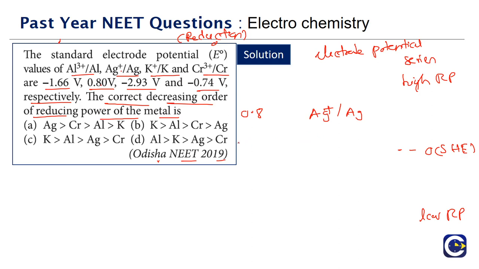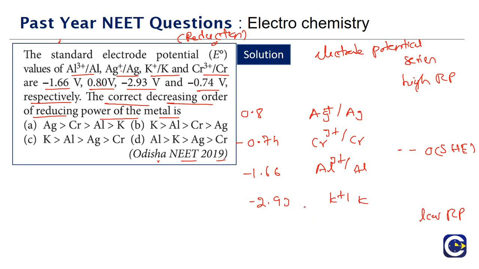Then comes minus 0.74, that will be below hydrogen, of course. It will be the chromium. Then comes minus 1.66, which is aluminium. Then comes the last, at the very bottom, minus 2.93, which is our potassium. Alkali metals and alkaline earth metals, they will have reduction potentials that are highly negative.